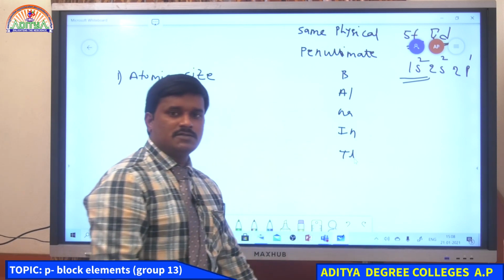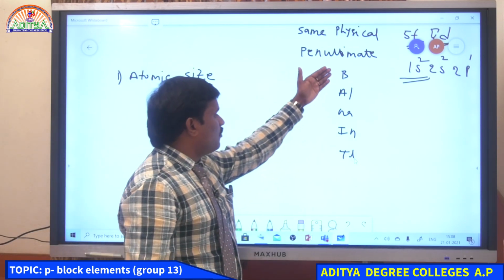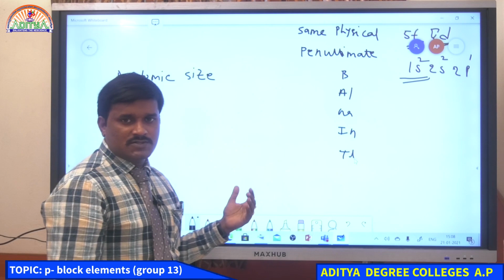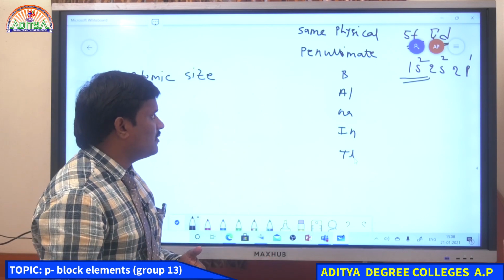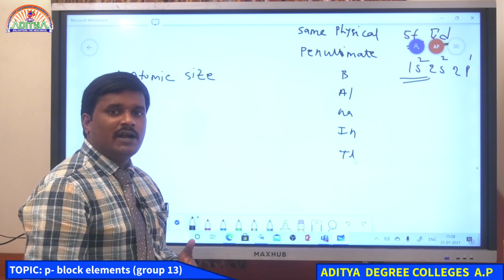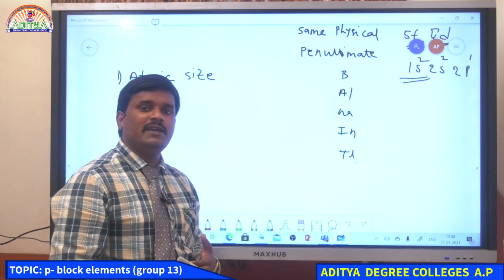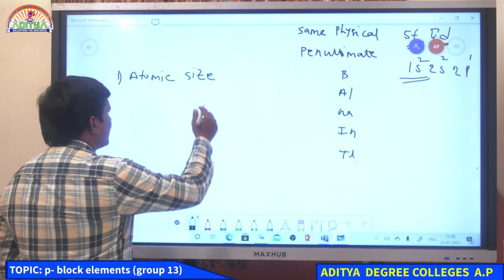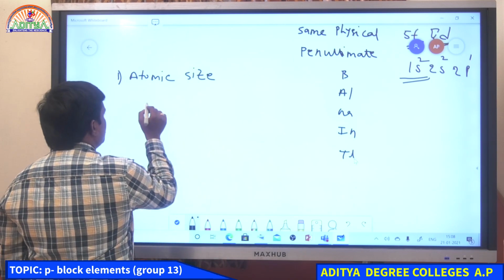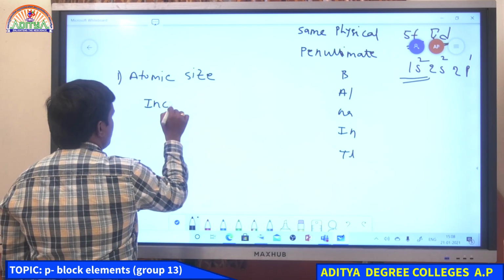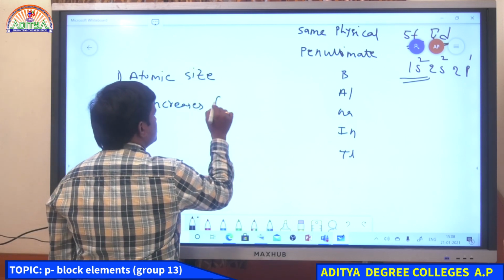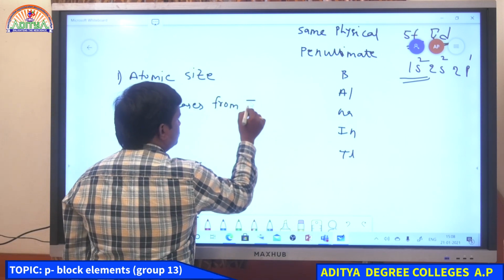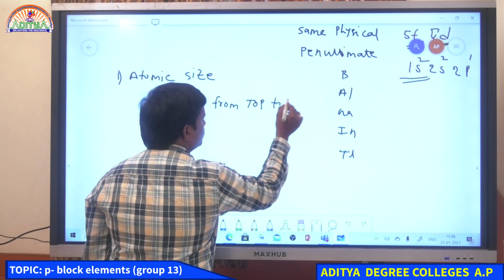So these are the elements. Now what happens from boron to thallium? Atomic radius means atomic size. In the periodic table, from top to bottom, atomic size always increases. That is why atomic radius also increases from top to bottom.